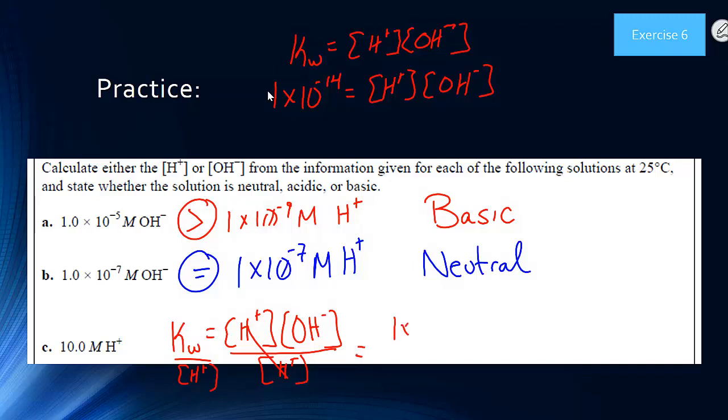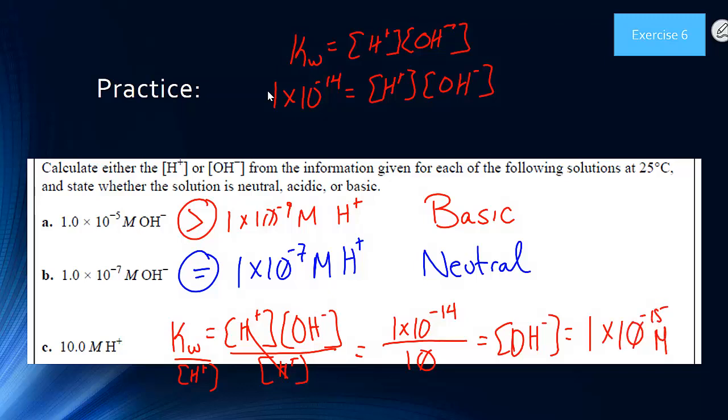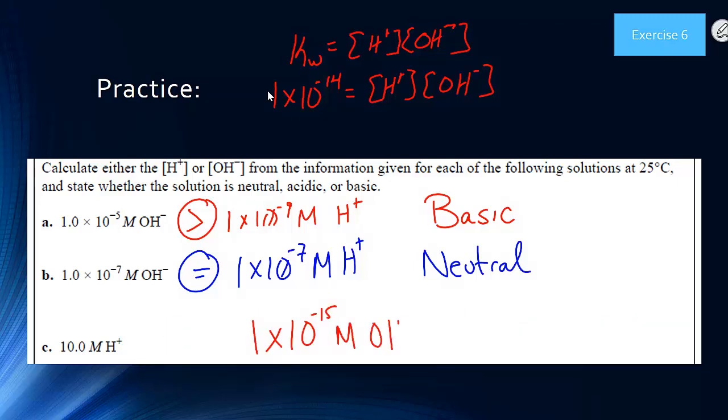So 1 times 10 to the minus 14th divided by 10 will give me the concentration of hydroxides, which comes out to be 1 times 10 to the minus 15th molar. Comparing the two will tell me if I have an acid or a base. 10 is substantially bigger than 1 times 10 to the negative 15th, so this is an acidic solution.